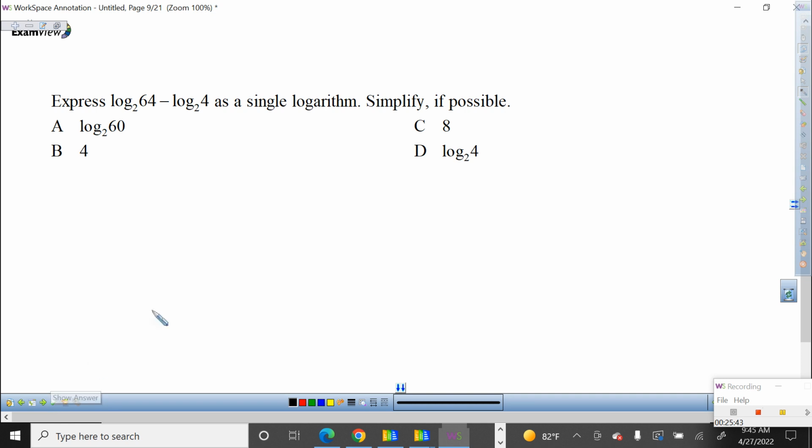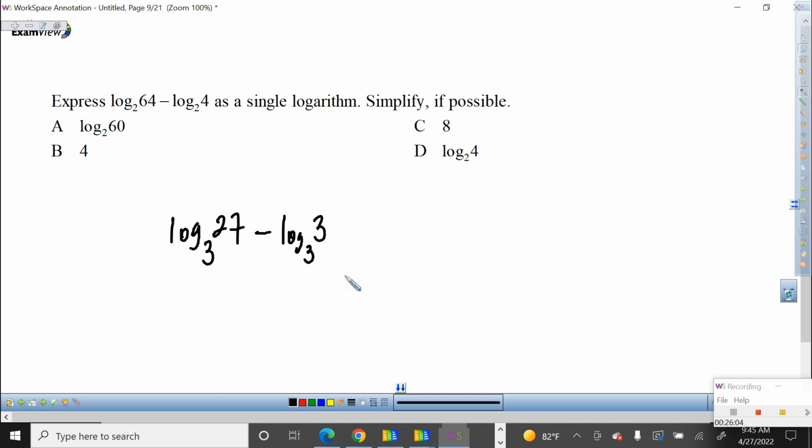Here we go. So, before we do this one, log base 3 of 27 minus log base 3 of, give me a number? 3.